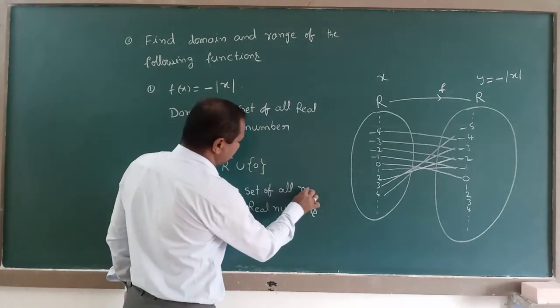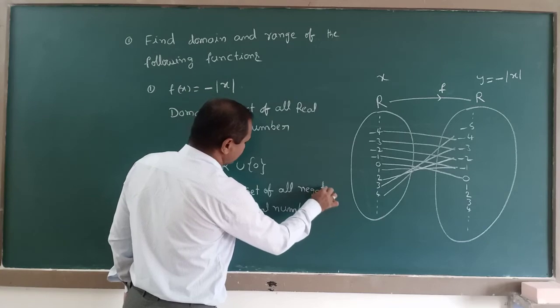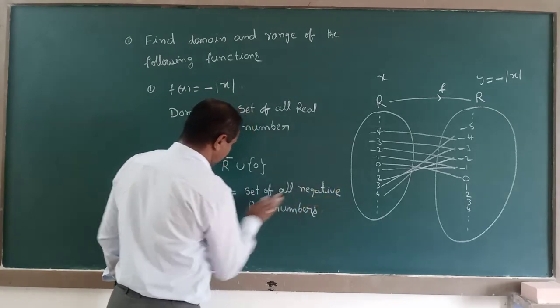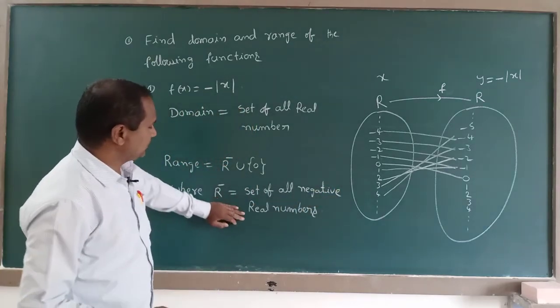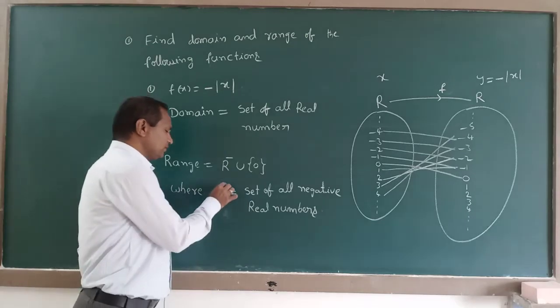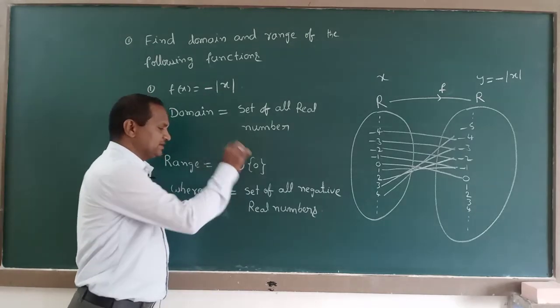You can write here negative, the set of all negative real numbers, because we represent with the symbol minus here.